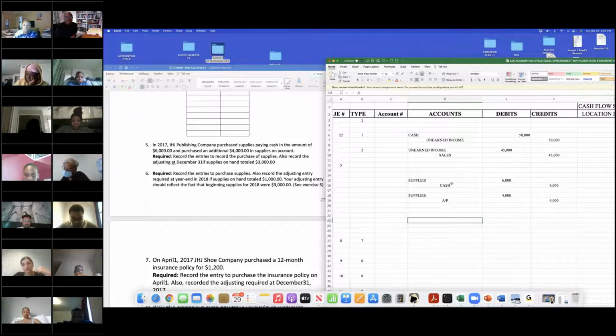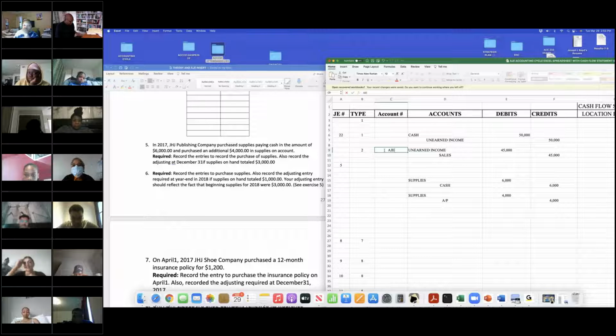They don't change. And then what's the journal entry to recognize the expense and make the AJE? What is the adjusting journal entry? It was supplies expense for 7,000.